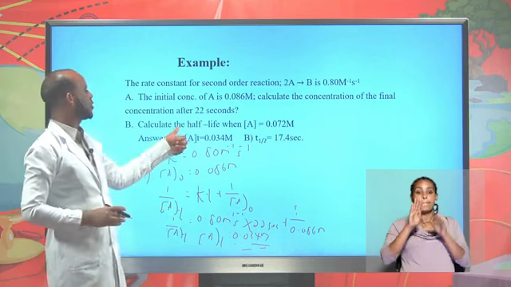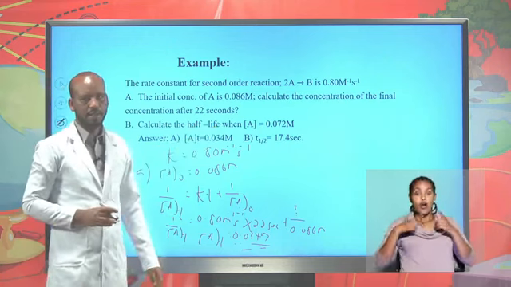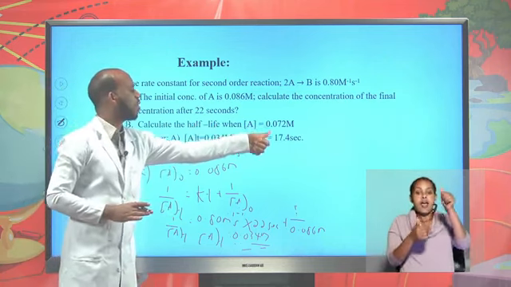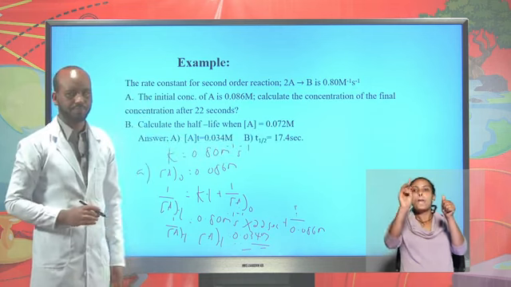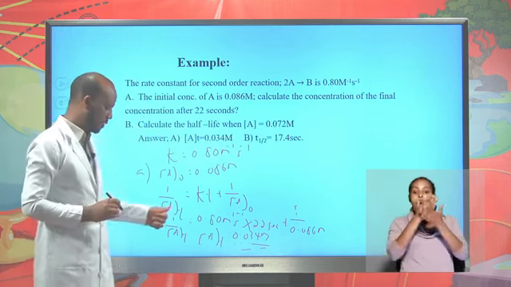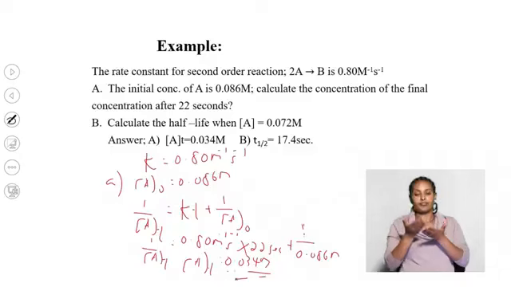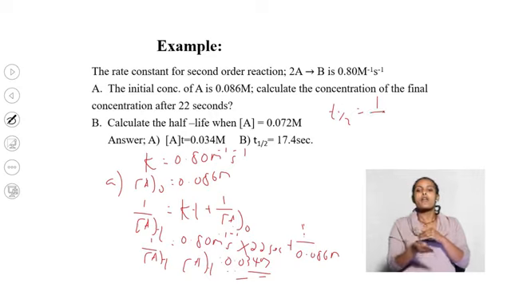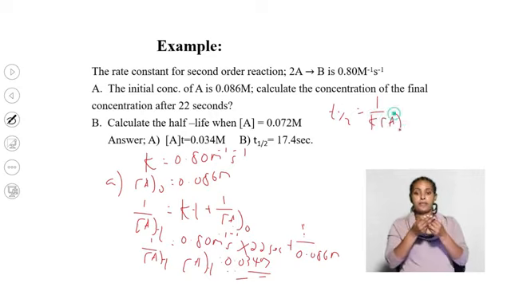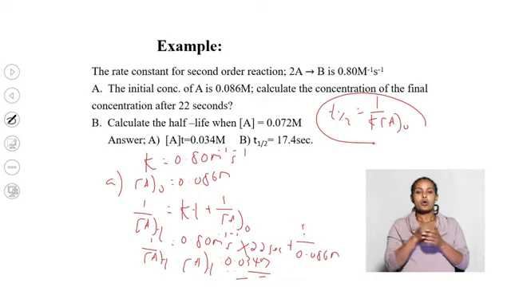B, calculate the half-life when the concentration of A equals 0.072 molar. The half-life time of a second order reaction is T half equals 1 over K times concentration A naught.